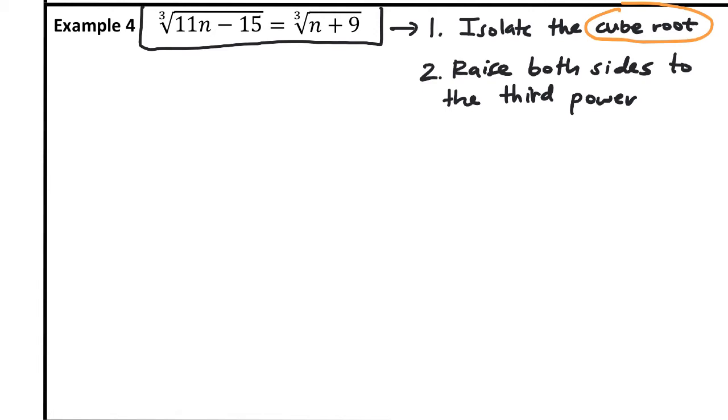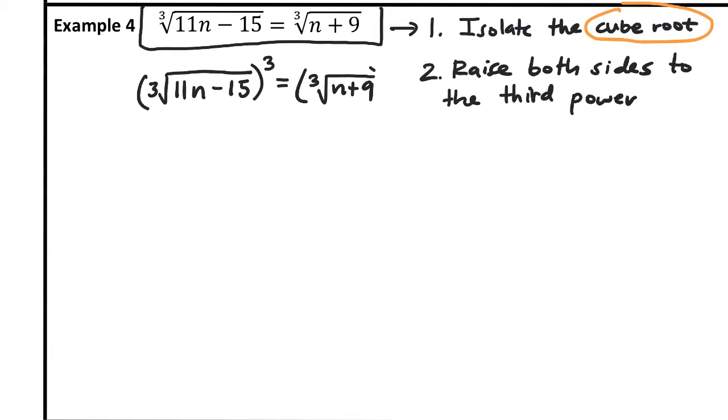Okay, so how does that look? It's going to look like I'm just copying the same problem again, but just putting a power of 3 on both sides. All right, so that is step 2.